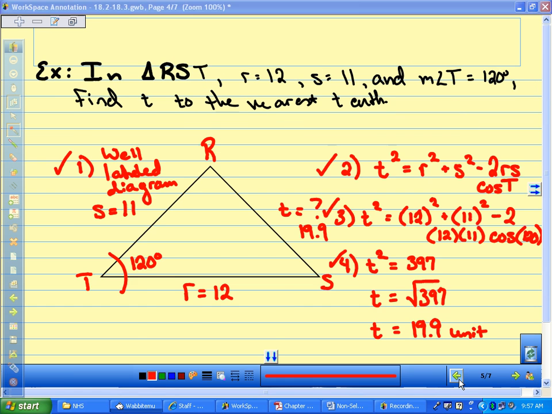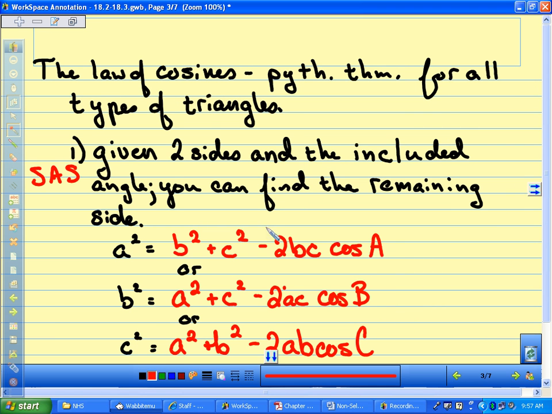Okay? Now, looking at this law of cosines, though, it can be used in one of 2 ways. Number 1 is if we have the 2 sides and the included angle, we can find the remaining side. But, folks, let's take a look at our formula here. We have 1, 2, 3, 4 variables. Well, if I know any combination of how many of them, 3, I can find the 4th.